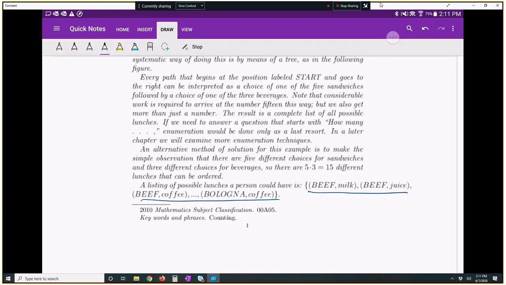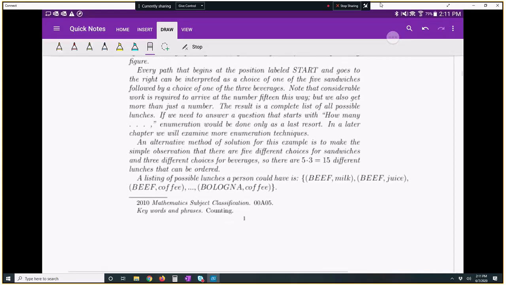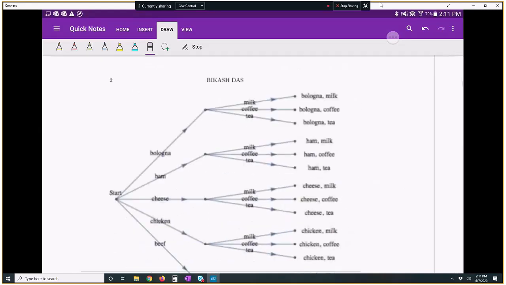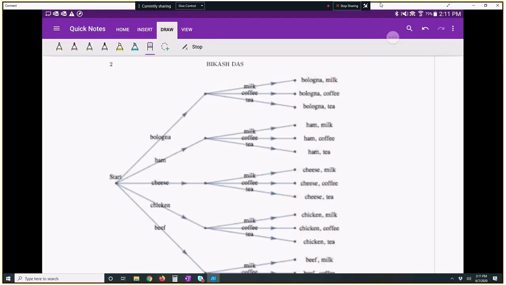But perhaps a quicker method would be to just observe that there are 3 possible beverages, 5 possible sandwiches. So if you multiply 5 times 3, you get 15 different possibilities, and that's exactly what we found in our tree as well. So for each of the choices of sandwich, that branched off into 3 combinations of sandwich and beverage.